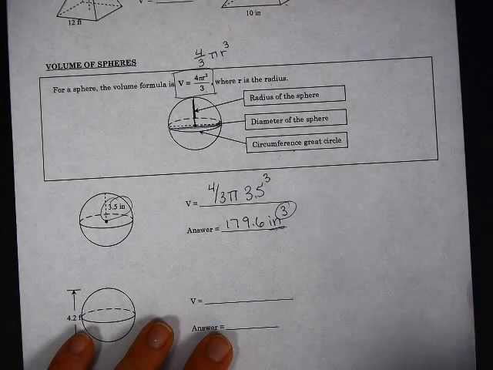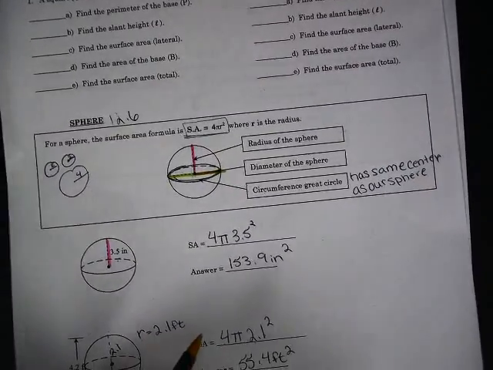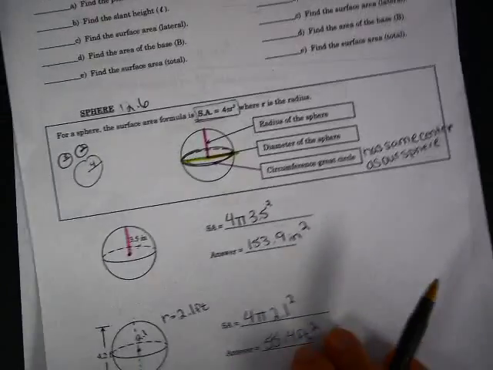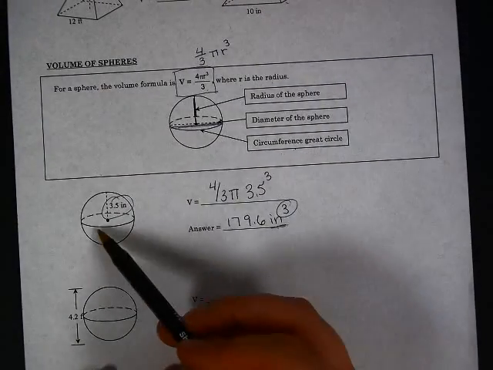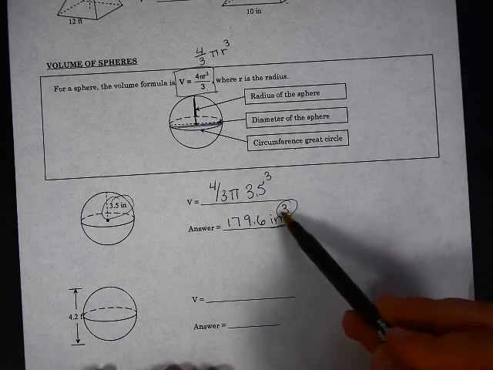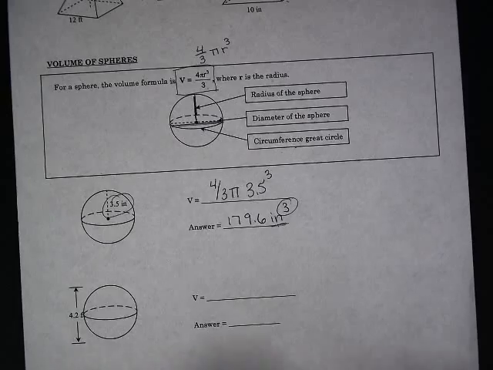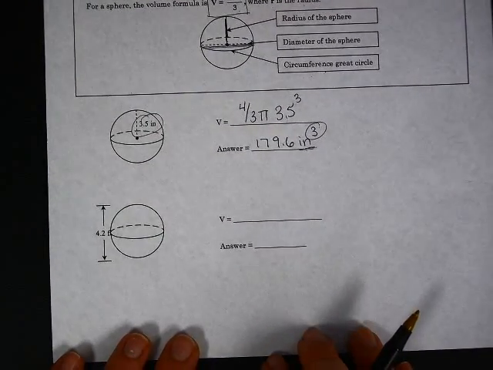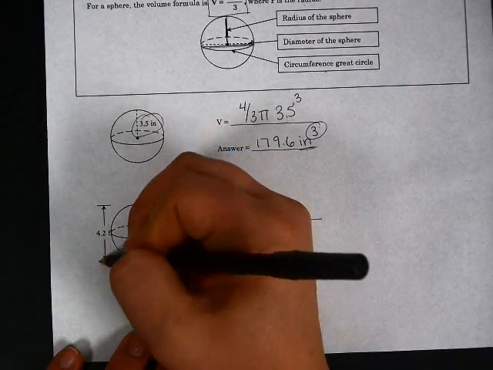Now pay attention to our units here. Before, when we were dealing with surface area, our units were squared because we're dealing with area. Now that we're dealing with volume, which is three-dimensional, we have to have our units cubed.